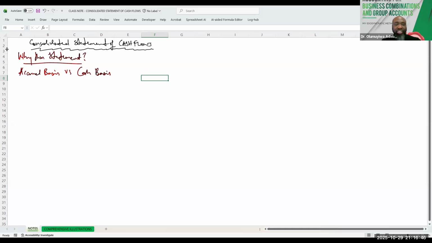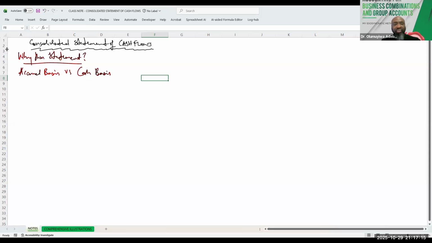And of these 4 statements, 3 of them, which is the statement of financial position, statement of profit or loss, and statement of changes in equity, follow strictly the principles of accrual basis. Whilst the last statement, which is the statement of cash flow, follows the cash basis.